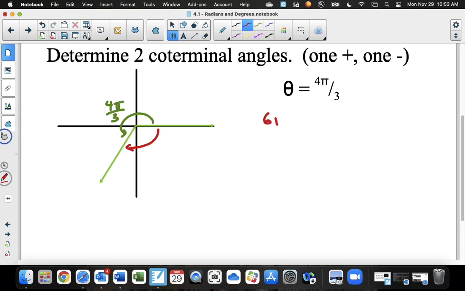So 6 pi over 3 is 2 pi, all the way around, that's the total, and subtract off the 4 pi over 3 that we already have. That leaves you with 2 pi over 3, but remember we're going the opposite direction, so we need to make it negative. If you go negative 2 pi over 3, you'll end up in the exact same spot.